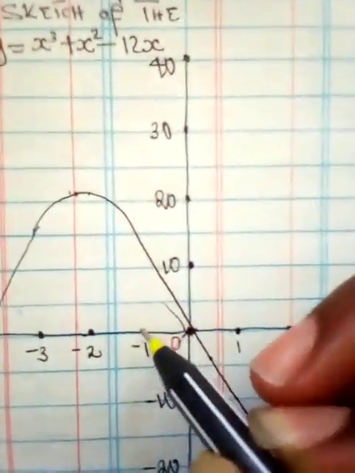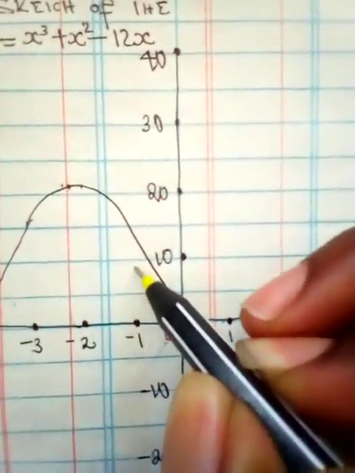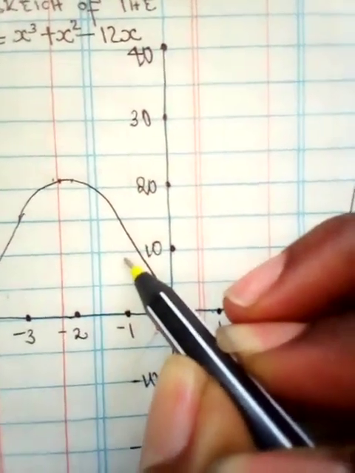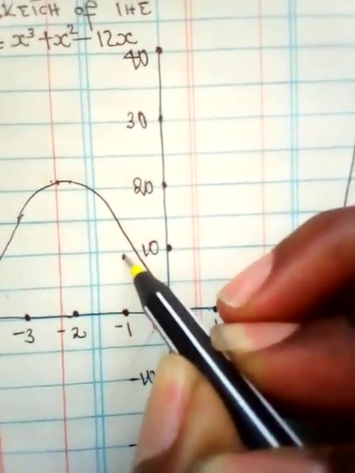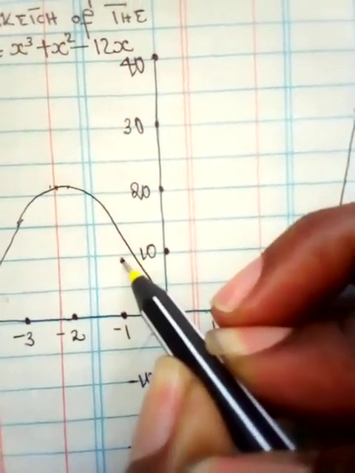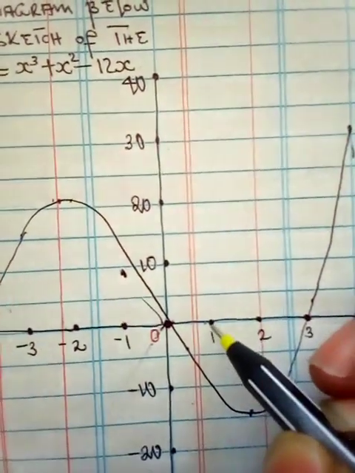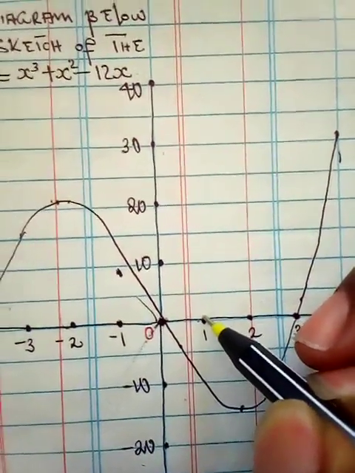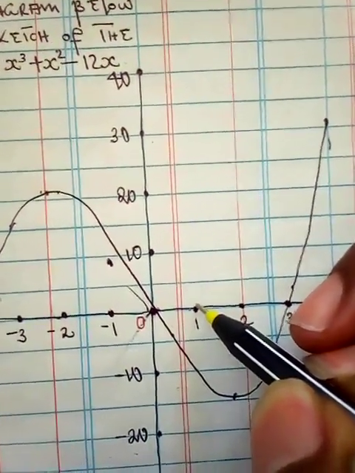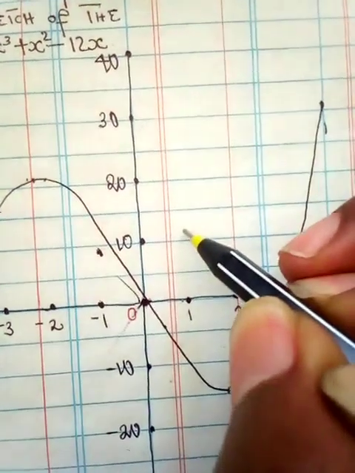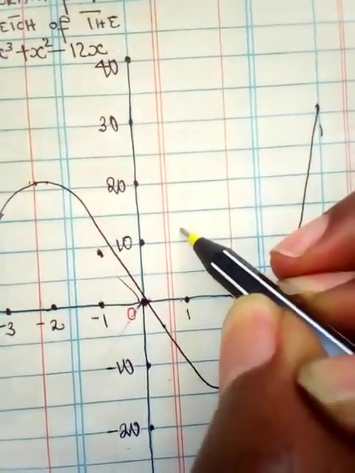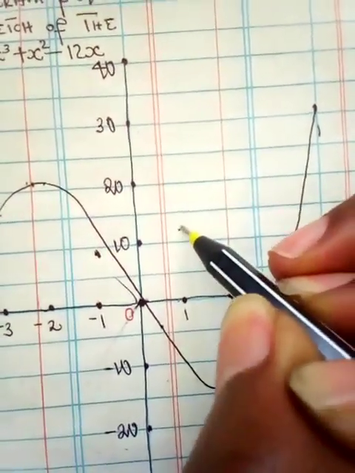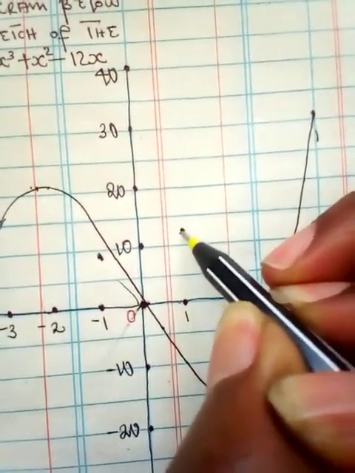If this is your -1, perhaps your 9 can be somewhere here. And then the other one is 1, 11. So 1, and then your 11 point can be maybe somewhere here. Remember, you're just approximating.